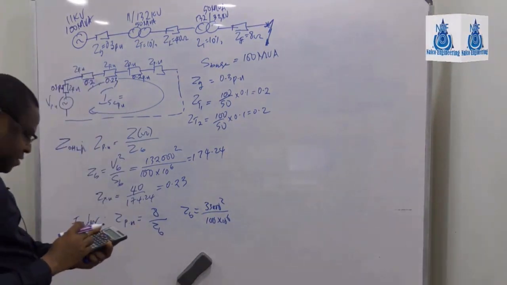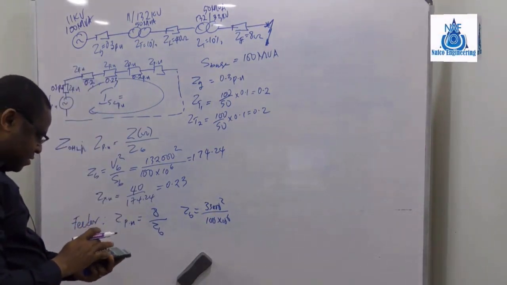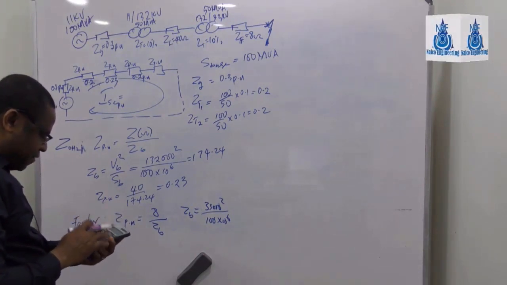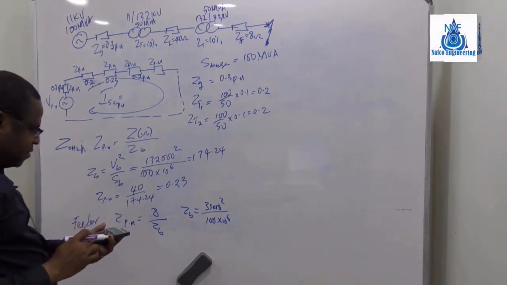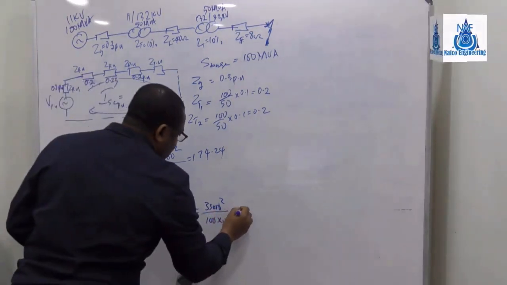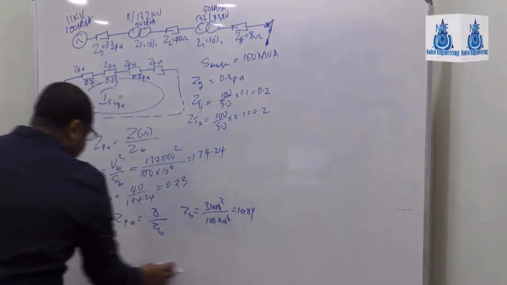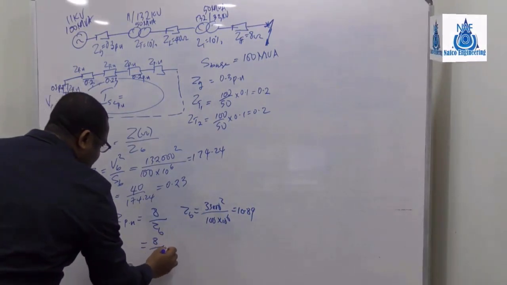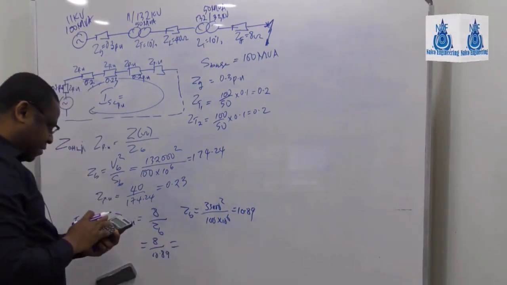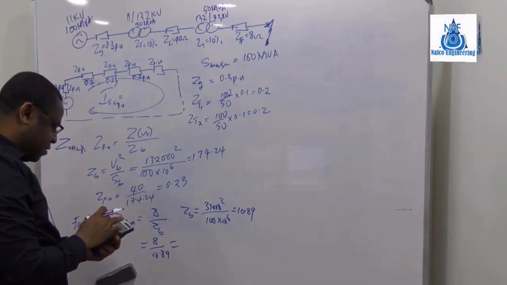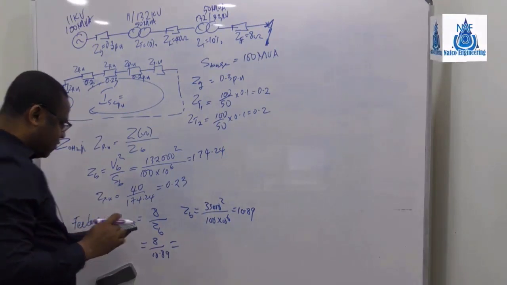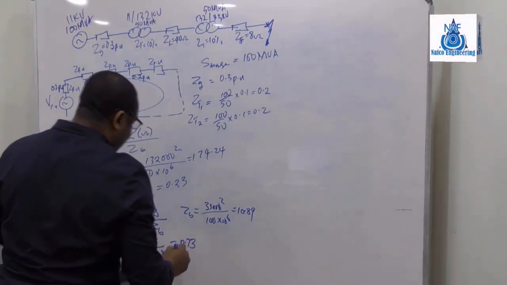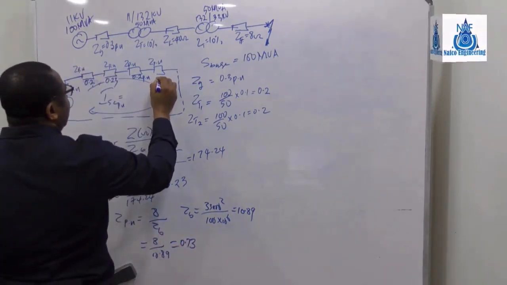So we have 33,000 squared divided by 100, that is 10.89. So this becomes 8 over 10.89. 8 divided by that will give you 0.73. Okay? So here is 0.73.